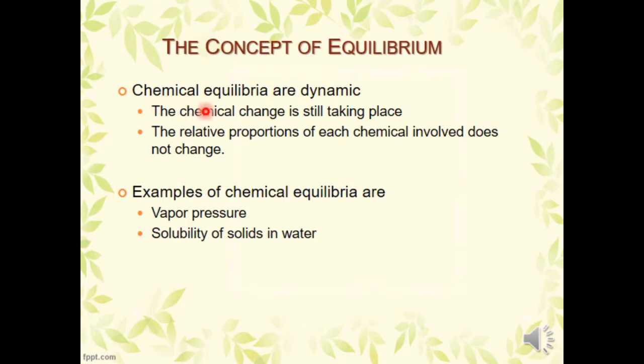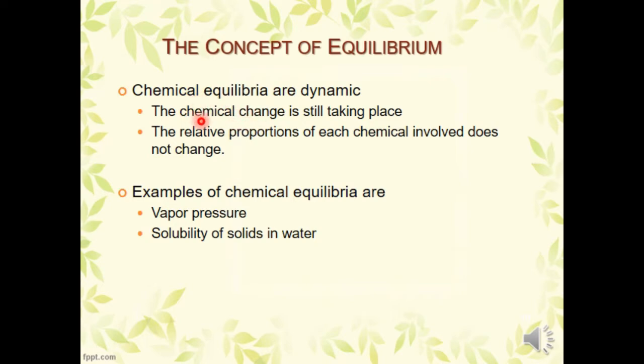So chemical equilibrium is dynamic. Dynamic means chemical change is still taking place. For example, the water example just now in the vessel, in the flask.